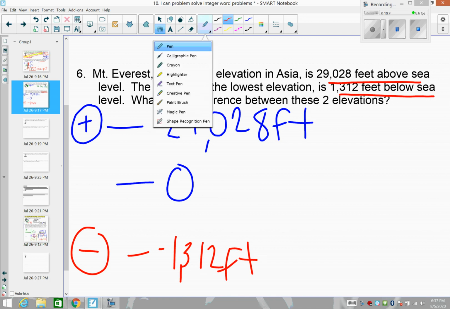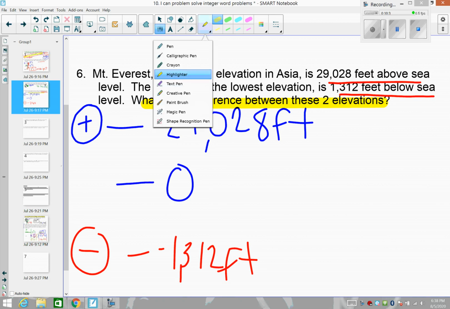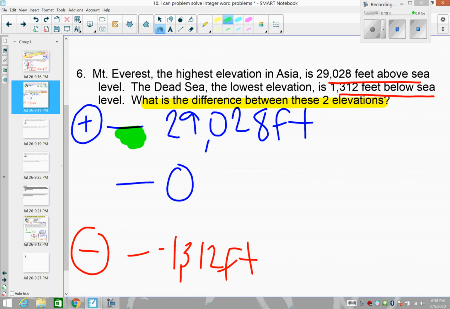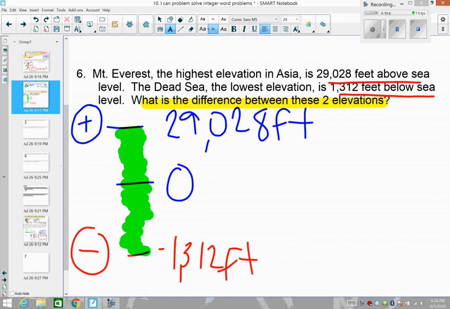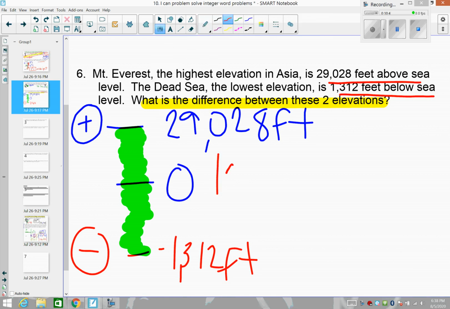The question is asking, what is the difference between these two elevations? So really it's an addition problem because we're going from here to here, and then we continue to dig, which is the total of those two. So the fancy math way to look at that would be, what is the absolute value of the difference of these? The reason it's absolute value is we want to make sure it's positive because we're talking about a distance.